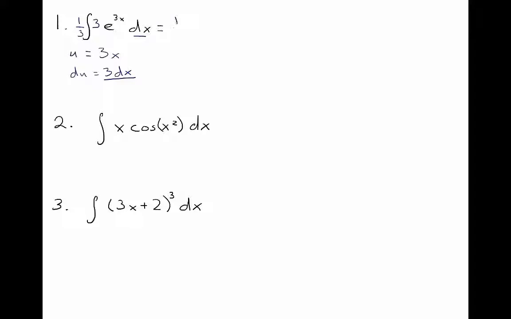Now we can do our substitution. 1/3 integral e to the u, and 3 dx becomes du. Well, now this is an easy integral. We just have 1/3 e to the u plus c. Then we just need to go back and do our substitution for our u.